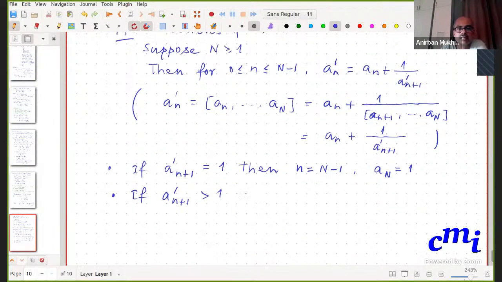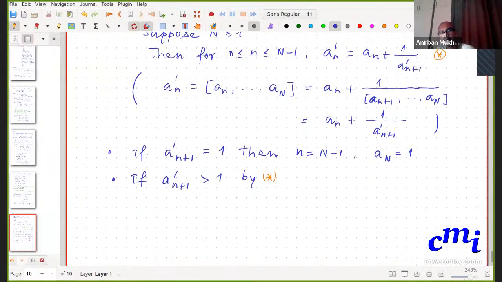So if a_(n+1)' is greater than 1, then let's go back to the relation we have. What does it give? a_n' is a_n plus 1 over something which is bigger than 1. So 1 over a_(n+1)', this part is less than 1.